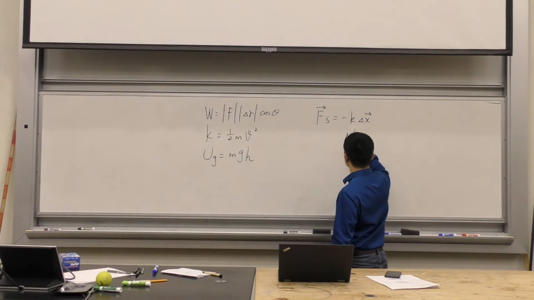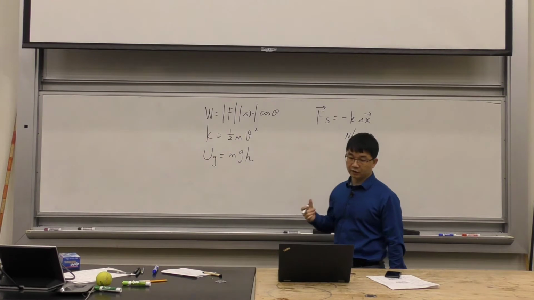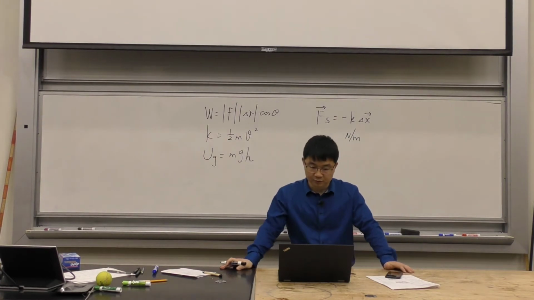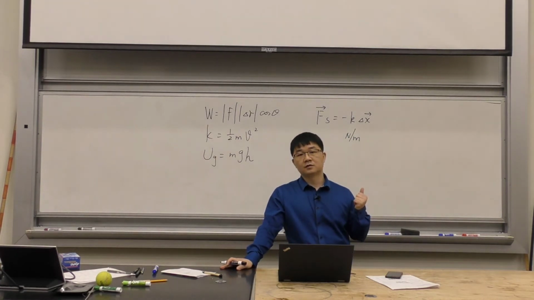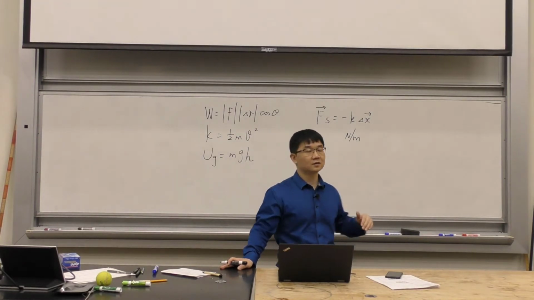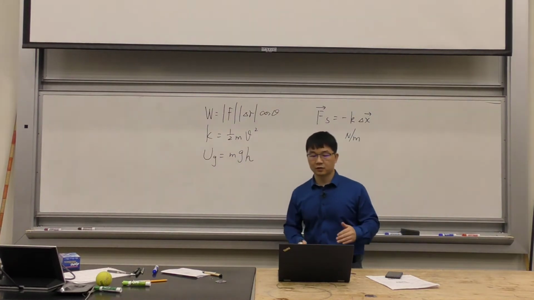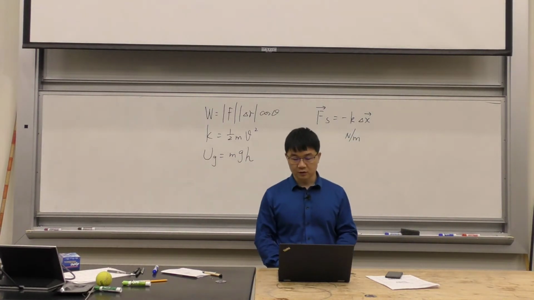That's because when you multiply K with the delta x, the displacement, you want to get newtons. So the K is in newtons per meter. Again, this is a vector equation. Whenever you see a vector equation, you should be careful. What does this negative sign mean? This negative sign just means the restoring force is always going to be opposite to the displacement.